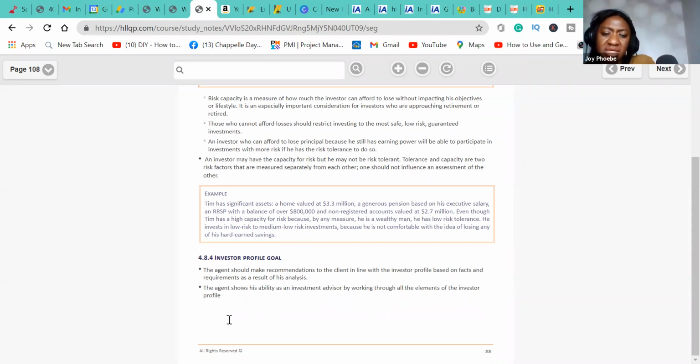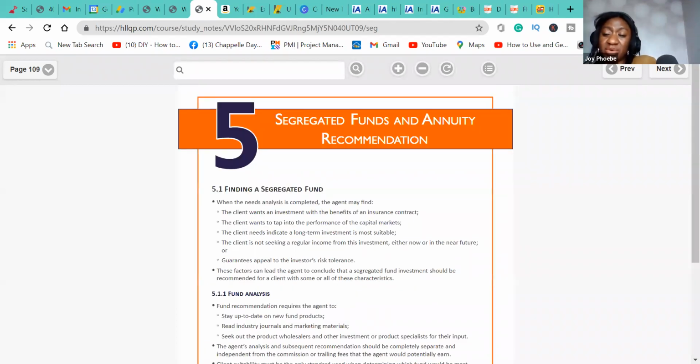And by doing so, we are also able to show our ability to advise our investors by working through all the elements of the investor profile. Every time I do an investor profile for clients, I'm always happy because I'm able to expose them to a lot of things about themselves that they haven't really thought about, that they haven't really paid attention to.